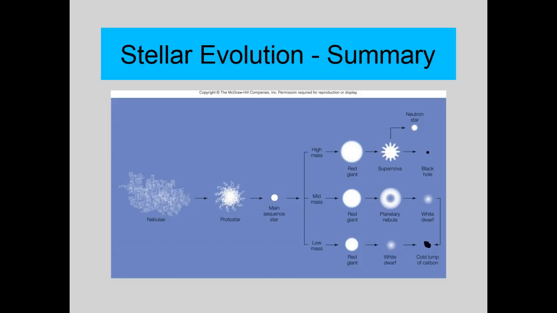Okay? The white dwarf, the reason it's white, it is so hot. So small because there's no more expansion. And when finally all that heat dissipates, which may take thousands of years, then it cools and no longer is putting out light. So they call it a cold lump of carbon.